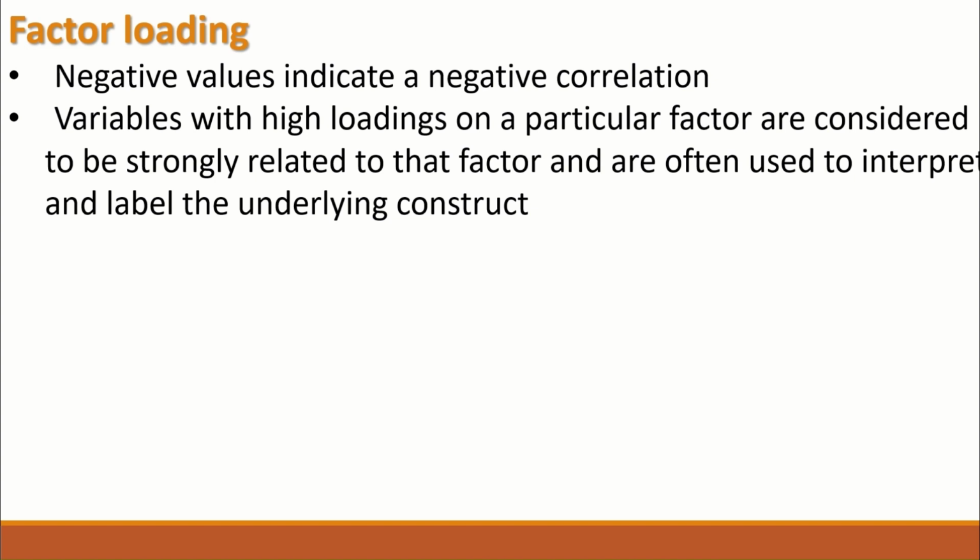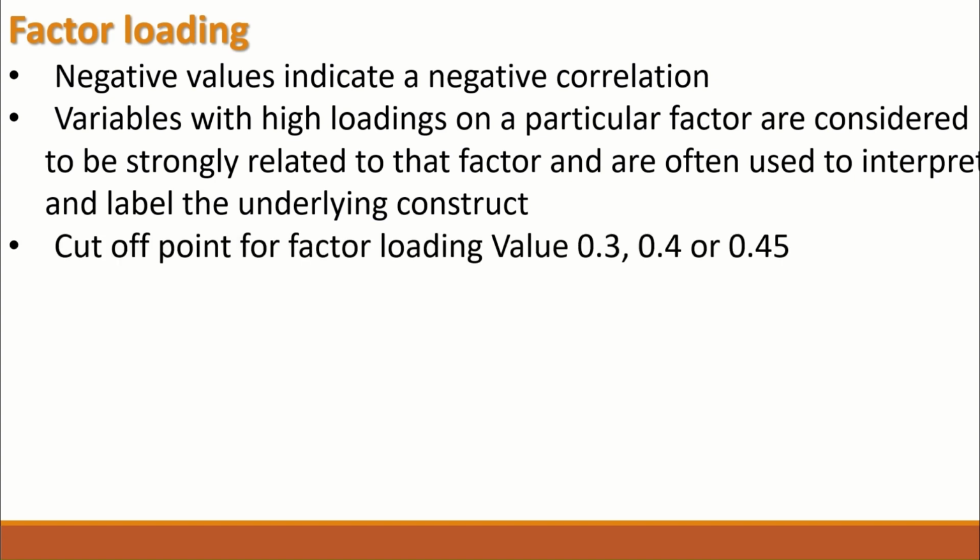So factor loading score is an essential value that will help in determining whether the items load into the factors. The higher the value for the factor loading, the stronger the correlation between the variable and the factors, and this will help eventually to identify and label this factor or this construct extracted.